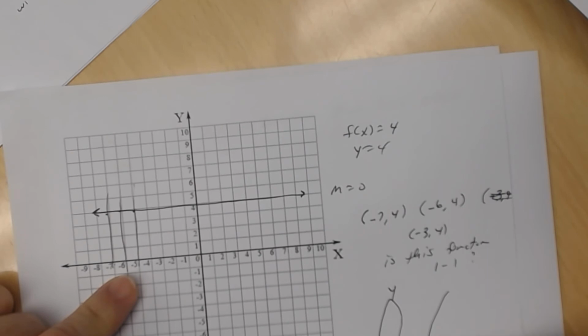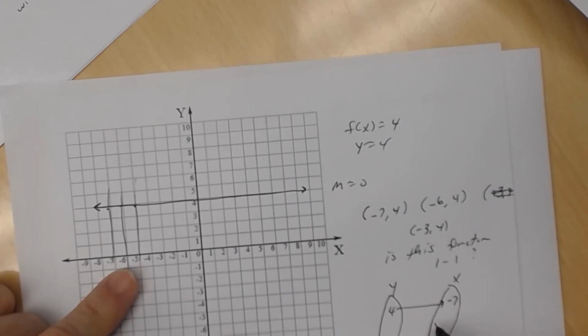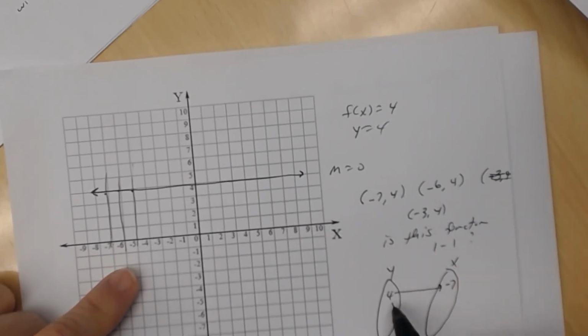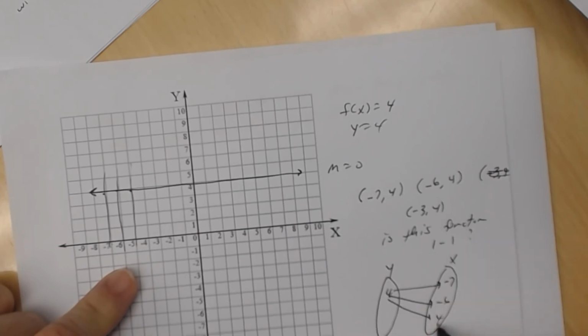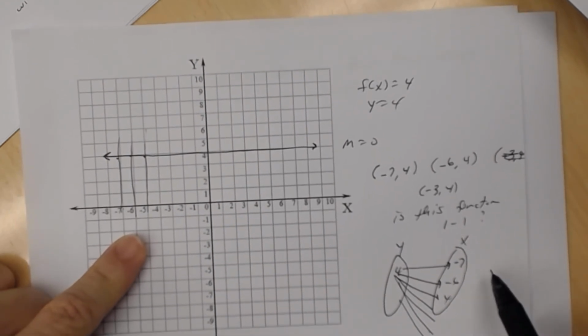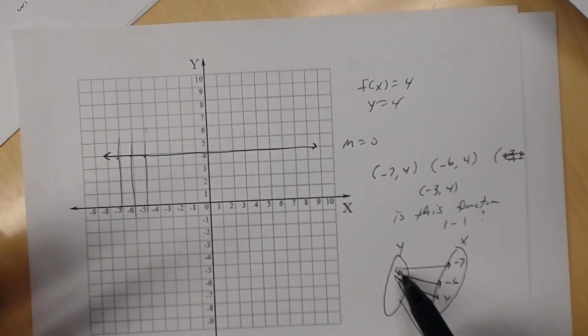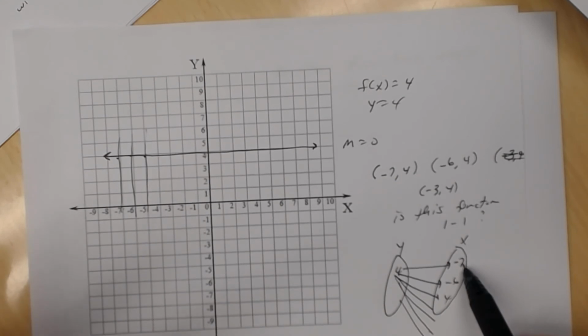Y, x. When y is 4, I get an x value of -7.